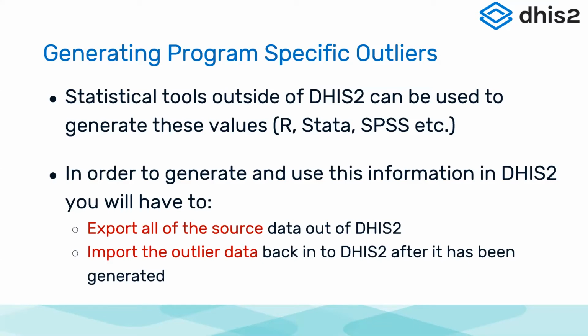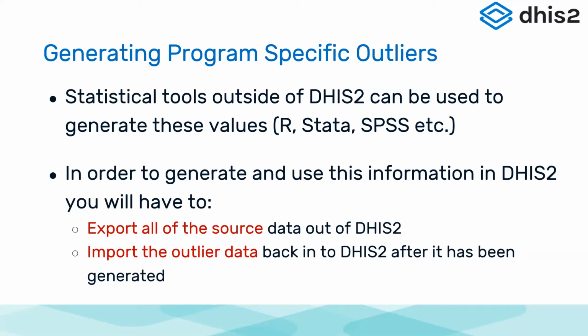So to generate your value with those tools, first you have to export your data to that specific software. That means you have to take your data out from DHIS2. Then you do calculations there and you generate your values.